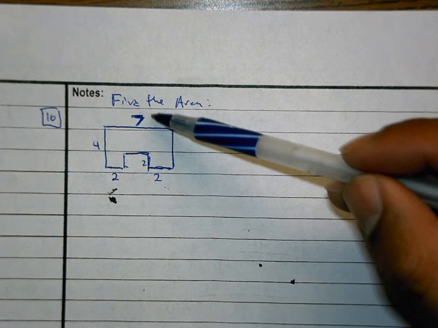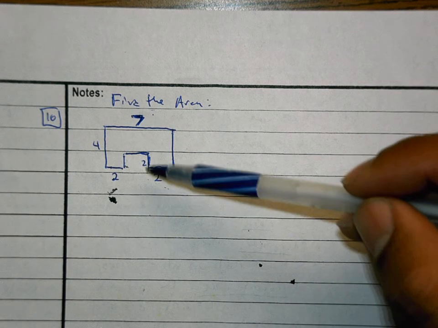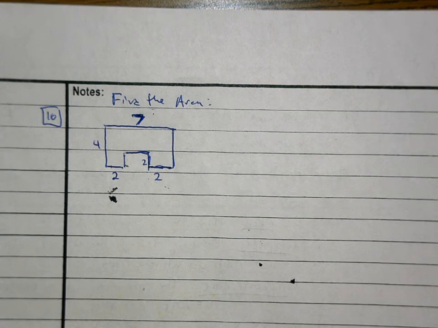Seven, 4, 2, 2, 2. But not everything is labeled. Just like that. That's exactly how it looks to start.